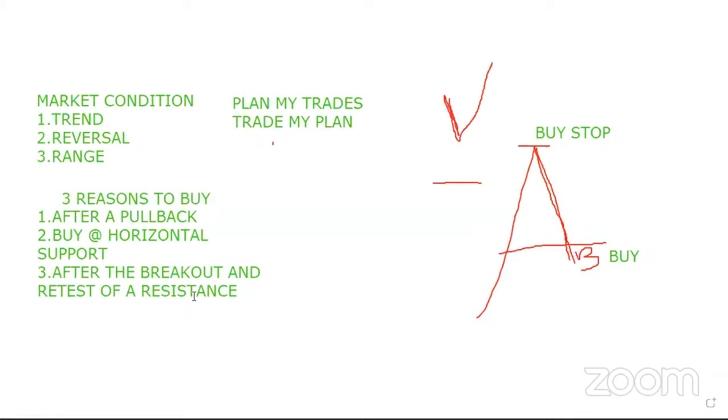Somebody is also asking, how do you know that the trend is changing from an uptrend to a downtrend? Very simple. The rules are: number 1, price must fail to create a new higher high. And number 2, price must break the previous higher low.